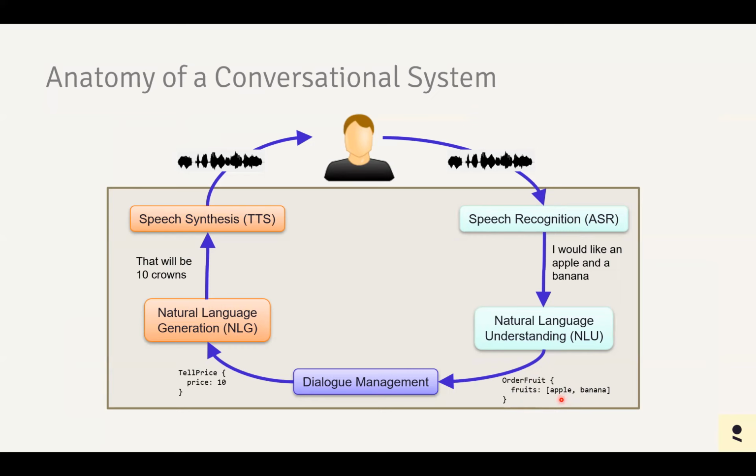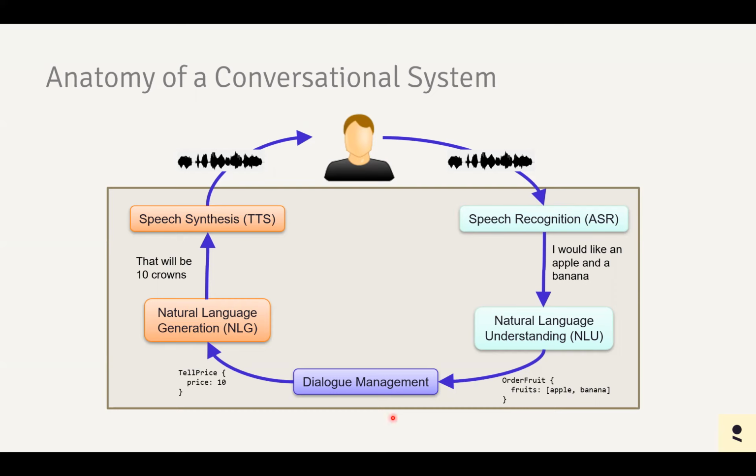We want to know that the user wants to order a fruit, and we might want this list of fruits that the user wants. And the task of the natural language understanding is to transform the user's request into the same semantic representation, regardless of how it was expressed. The user might have said, so now I would like an apple and maybe a banana or something like that. And we want the semantic representation to be the same.